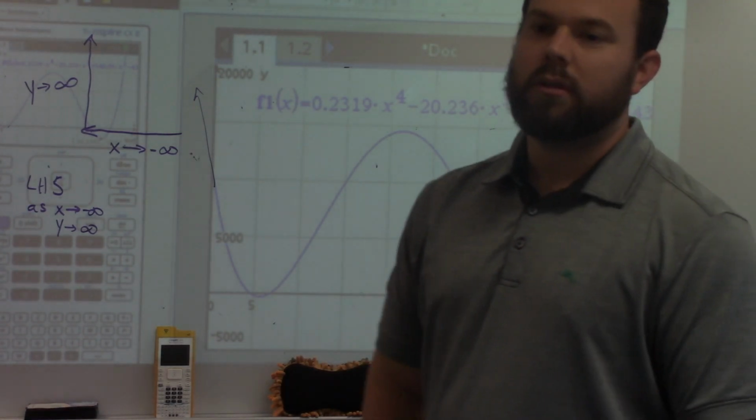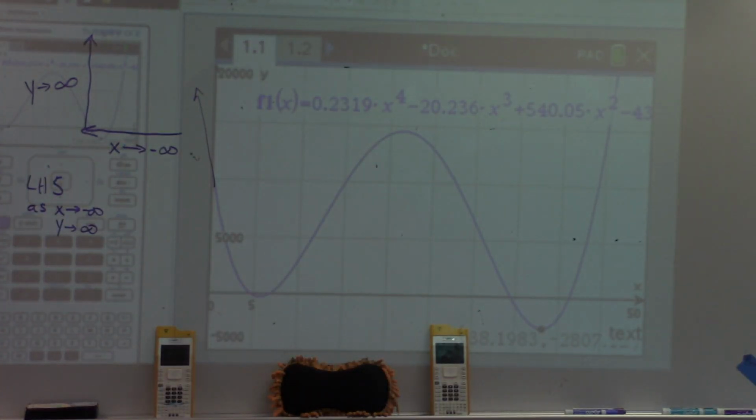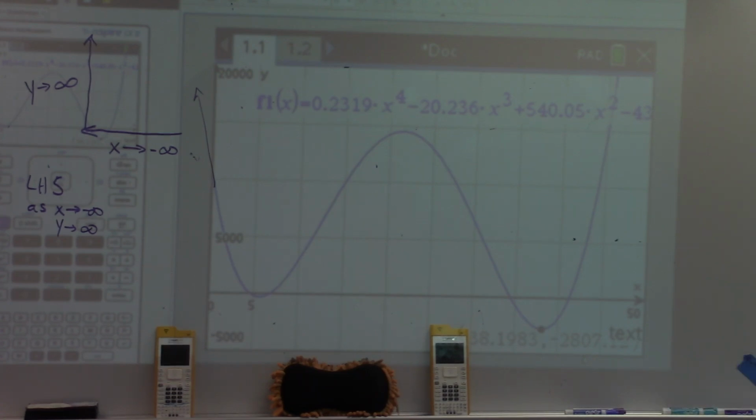I've only done the left-hand side. What pages do we have written out? Because we tore these out before lunch. No. You got your end behavior over there? I don't see it.